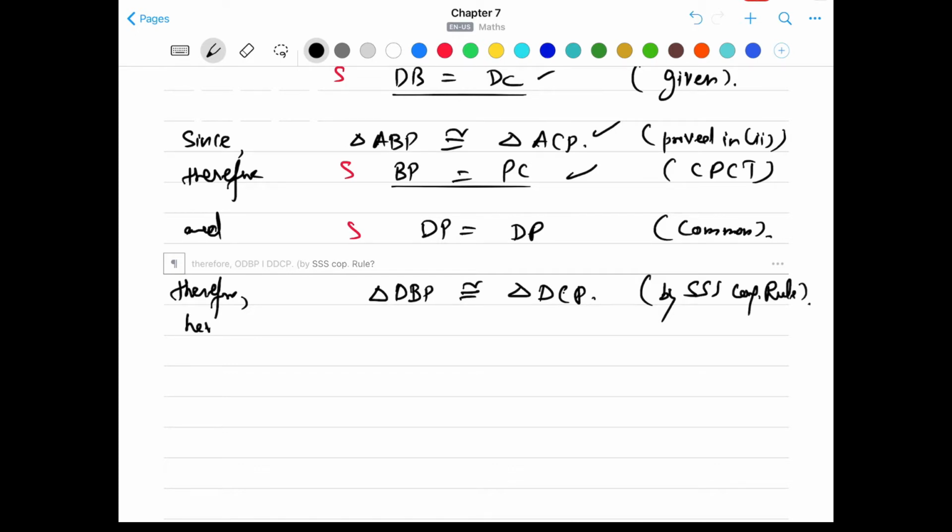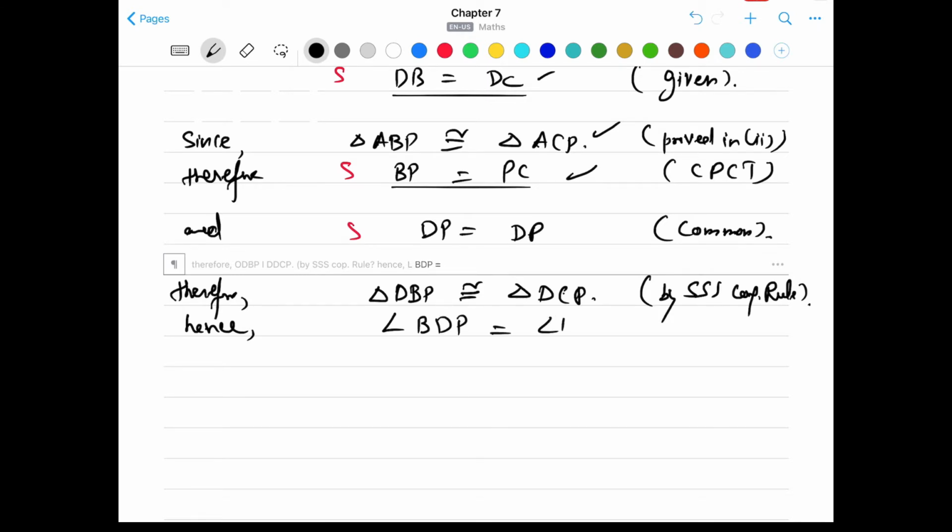Hence their corresponding angles, angle BDP will be equal to angle CDP by CPCT. That means this BDP is also bisecting angle D.